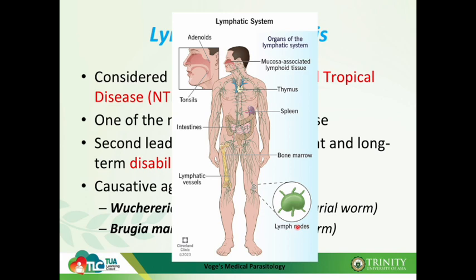This is just a quick review of our anatomy. When we talk about the lymphatic system, it is composed of these organs: the lymph nodes, spleen, thymus, bone marrow, tonsils, and their purpose is to drain extra fluid that have leaked out of our blood vessels.